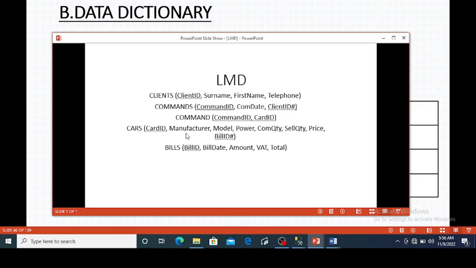You can also see this car ID, manufacturer, model, price, whatever, and bill ID. This is the foreign key of this one. So you have to pay attention to the module called basics and fundamentals of database of level 4 software development.